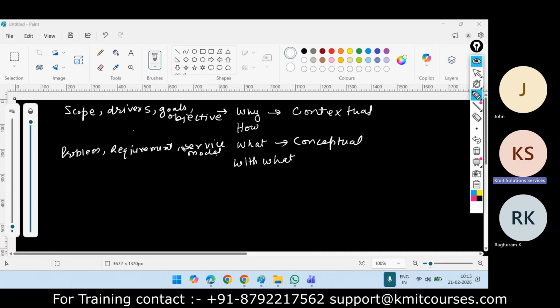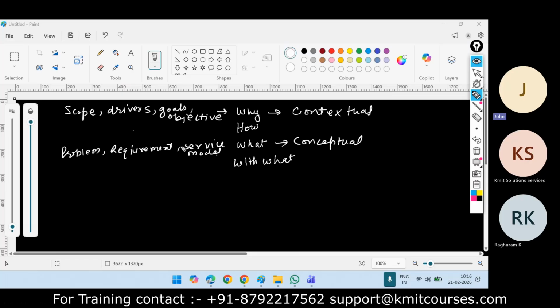Let's take one example of a banking project. Just to identify what are the end-to-end requirements. For example, if it is for banking, we need to understand whether this function is going to support the end customers or the partners.